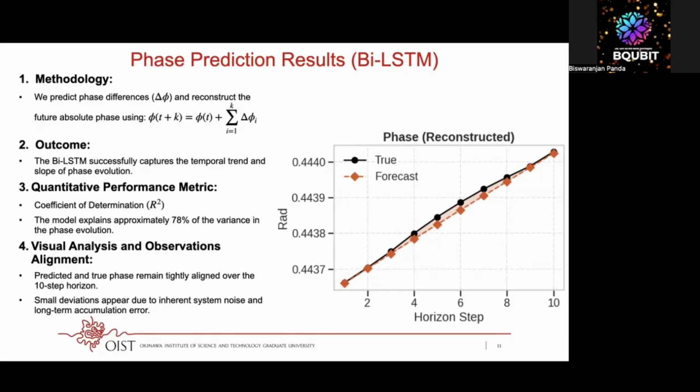We have predicted a 10-step horizon. Then a small deviation appears due to the inherent system noise and long-term accumulation error. Okay, I think it's okay.